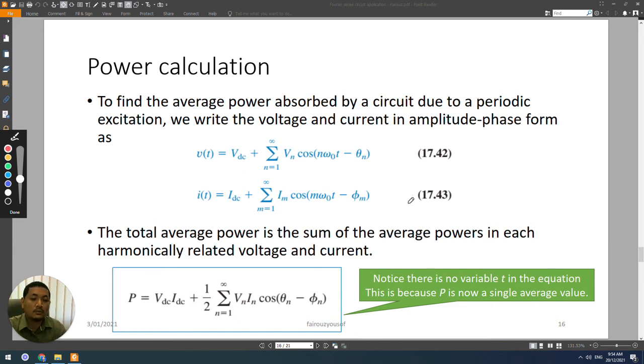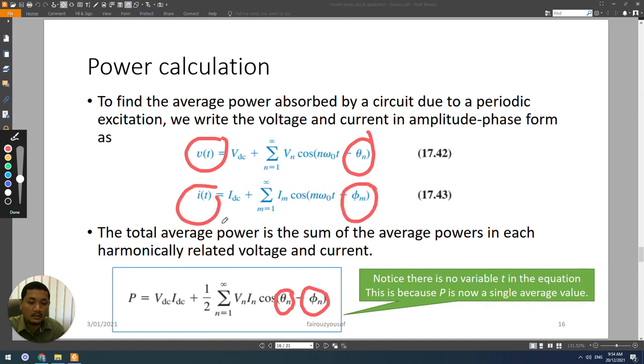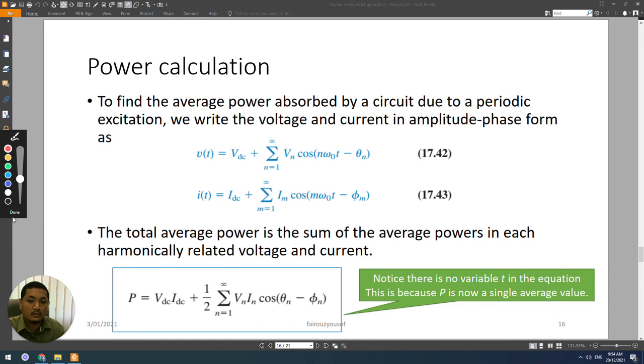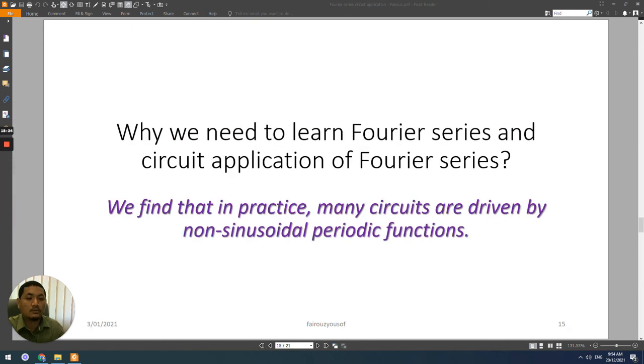And then finally we can also get the total average power, which is based on VDC times IDC, plus 1 over 2 times the summation of Vn In cos of theta n minus phi n. Theta n is the angle for the voltage, phi n is the angle for the current.